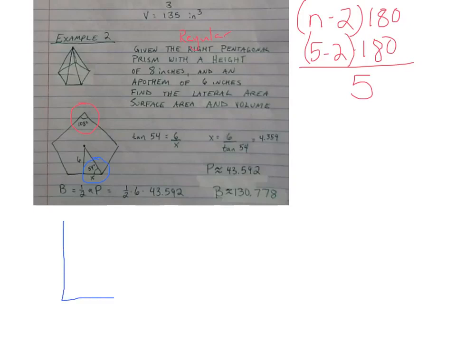Now we have a right triangle that has a 6-inch apothem and the 54 degree angle here. And we use trig to find the side length that's important to us. That side length is useful because it'll help us find the perimeter. So this x happens 10 times. That's how we find the perimeter of a pentagon.